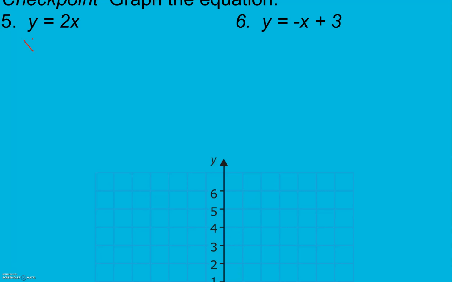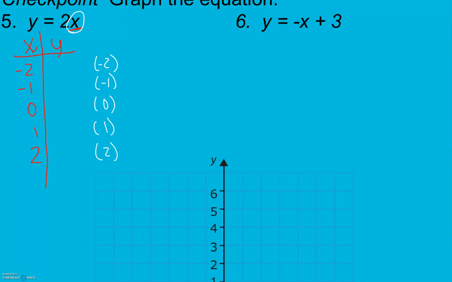Table of values. We pick numbers to plug in for x so that we can find some y's. We need ordered pairs. So I'm going to use -2, -1, 0, 1, and 2. I'm going to take my x values and plug them in for x, and I keep the rest of my equation exactly as it's written.